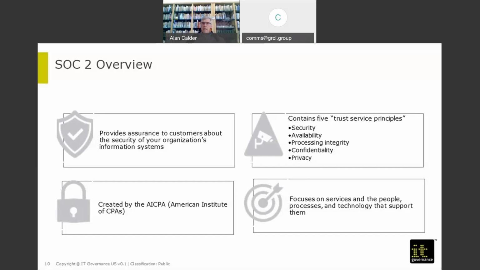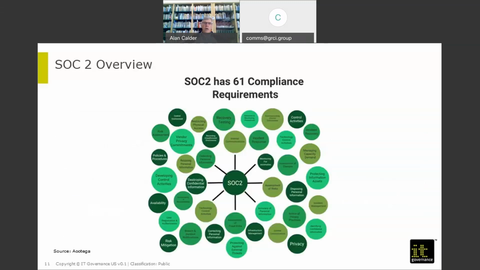It's developed by North American, specifically CPAs based on their understanding of the best way to tackle cybersecurity, primarily for digital and cyber businesses operating in the digital world. It focuses on services, people, processes, and technology that supports those processes. It's a very substantial standard, so the trust principles are quite significant.